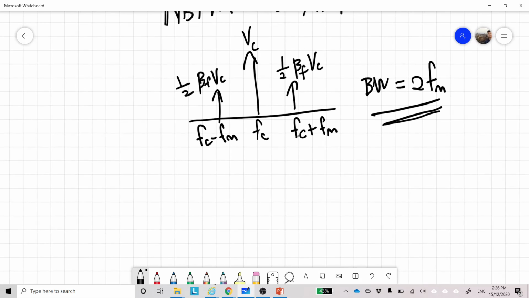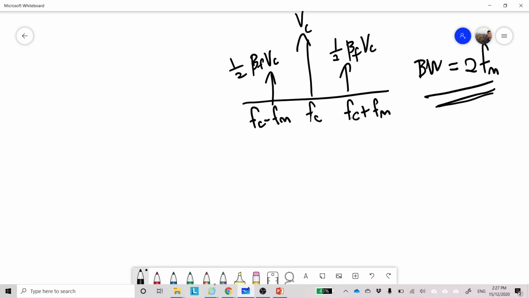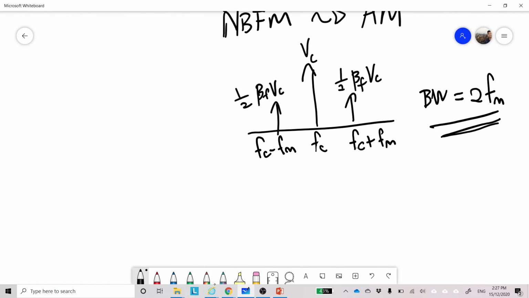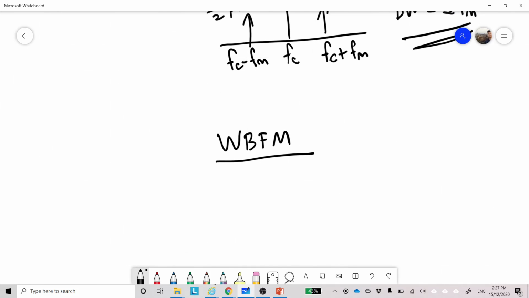Dan kalau kita lihat untuk wideband FM, the bandwidth is larger. Okay, kita ada satu lagi yang dipanggil sebagai wideband FM, WBFM. So wideband is referring to the bandwidth, which means that the bandwidth can grow larger. Okay, so dalam you punya nota biasanya dia merujuk kepada parameter beta juga.